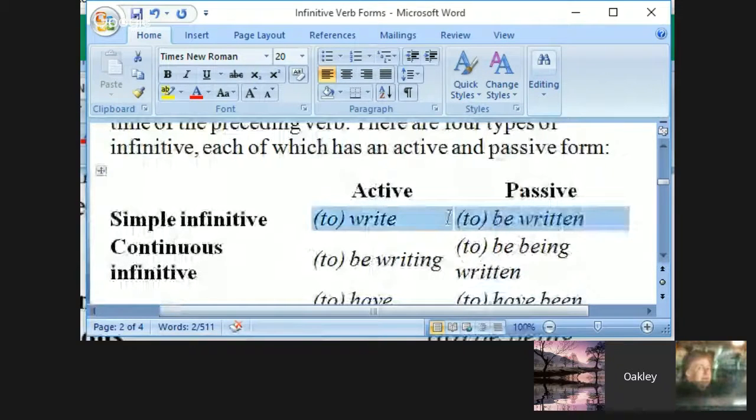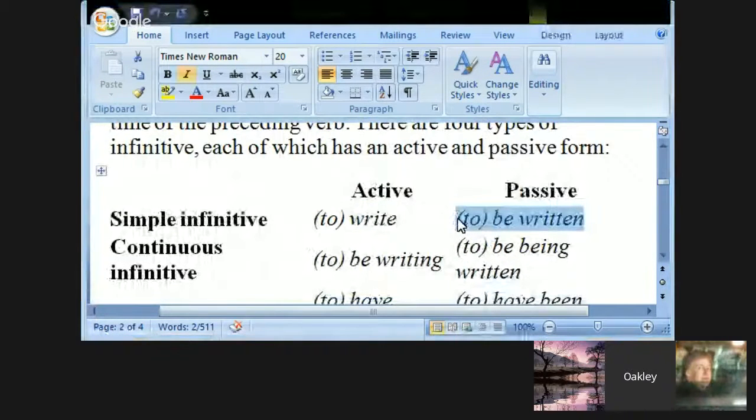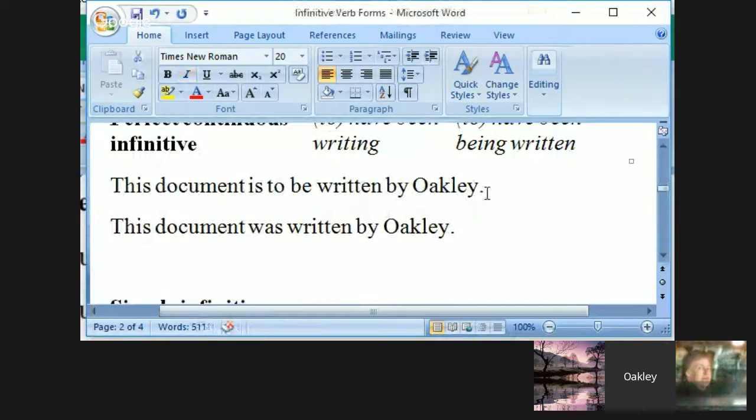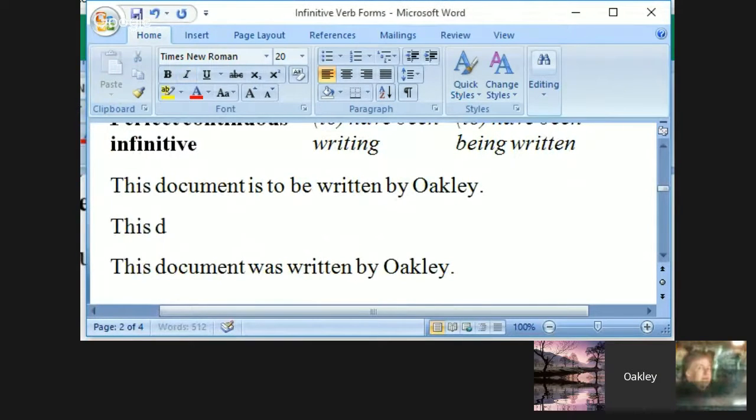In many cases, you don't see many passive infinitive forms because usually, just like this, I can rewrite this in an active form. Well, I mean, without an infinitive, with the main verb being, okay, in an active form, the main verb is will be written.